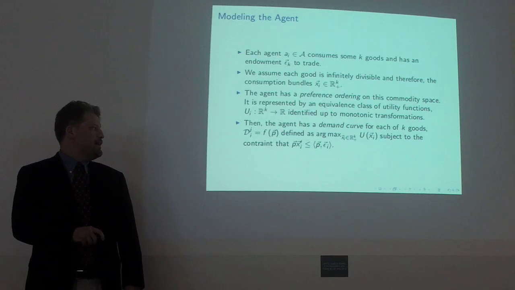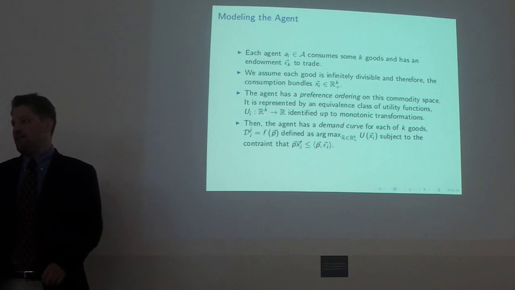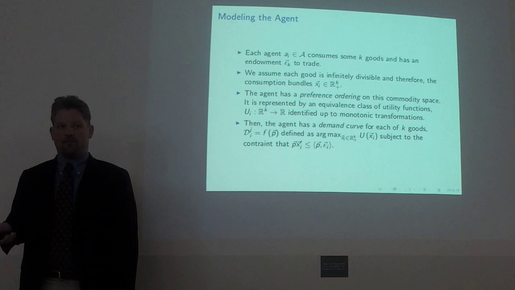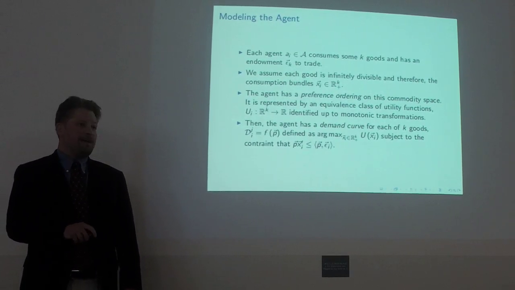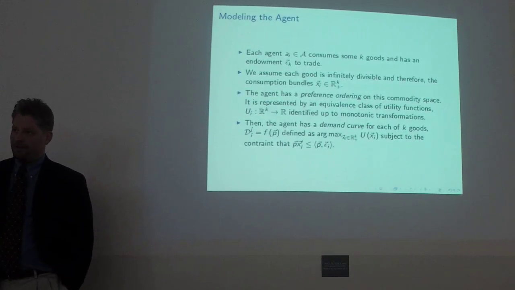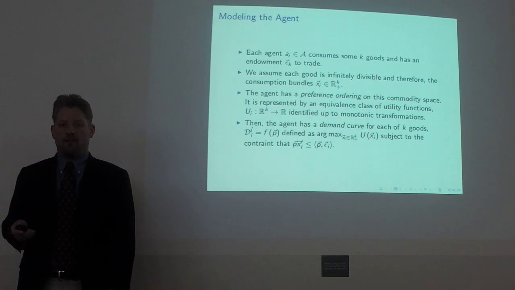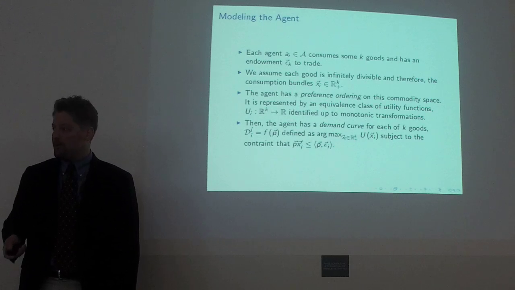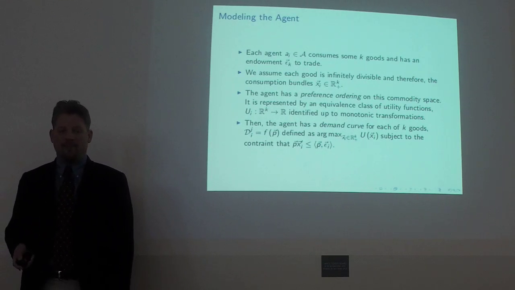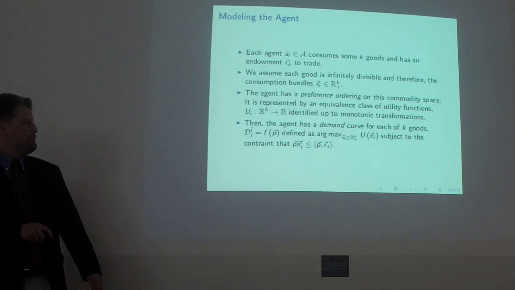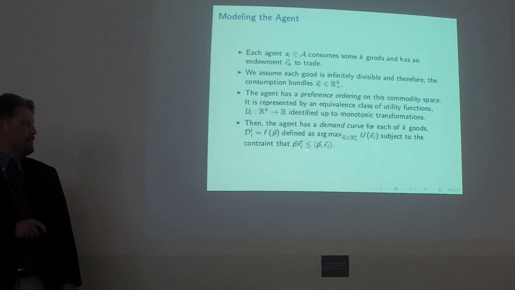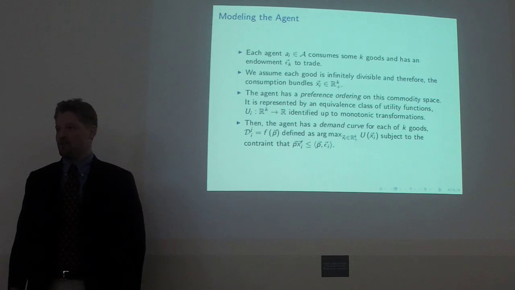Each agent then, given its endowment, which it can trade at certain prices, has a demand curve for every good in the economy. As prices of goods increase, fewer goods are demanded. Those of you who had an econ course remember that demand curves slope down. So all this means then is the demand curve is a constrained optimization.